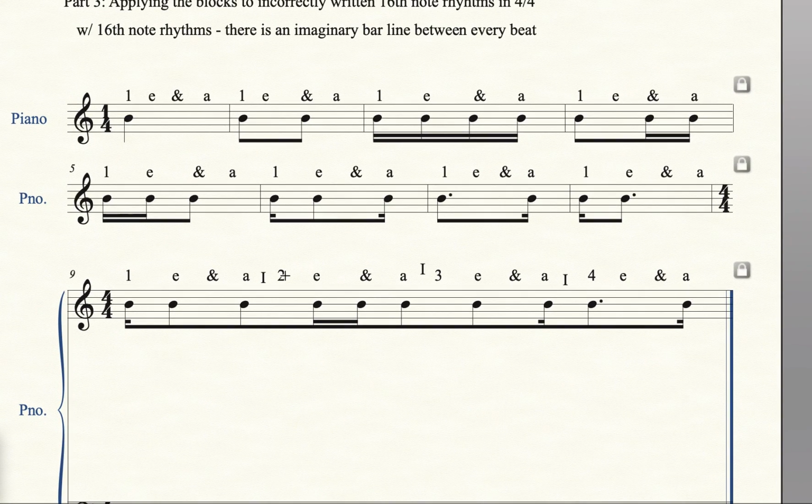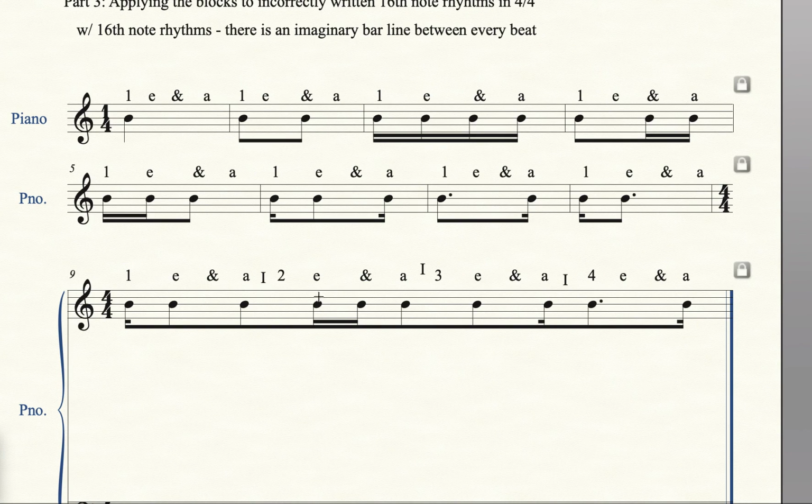Now here we've got 2 E and. So this 8th note is obscuring the imaginary bar line, and each one of these subdivisions is with a different note. This 2 is the last moment of that note. It's by itself, and this is the first moment of this note. So 1 plus 1 plus 1 plus 1 is the same as this. 1 plus 1 plus 1 plus 1.